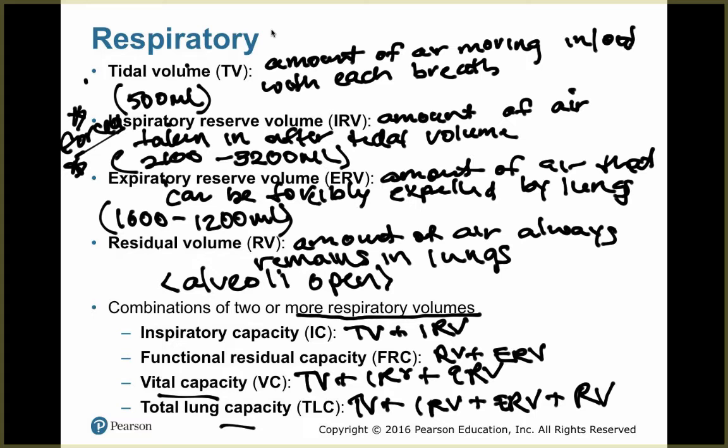What can we take in and out for a normal breath? What can we take in above our normal breath? What can we force out beyond our normal breath? And what's left in there? Let's add all of this together and figure out what our total lung capacity is. You should know what those mean, and you should be able to calculate all of those.